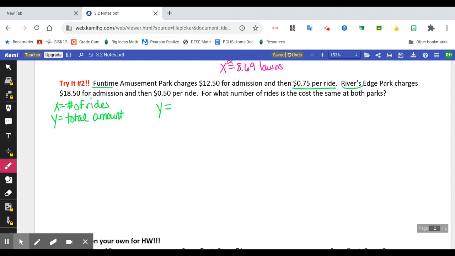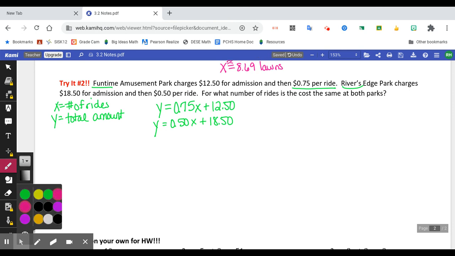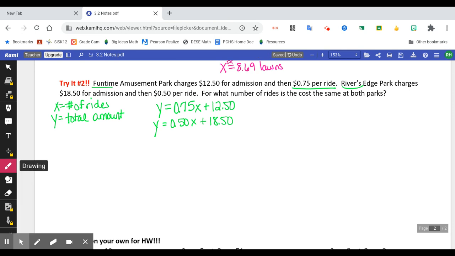So for Funtime, y equals, our slope would be 75 cents per ride. That's the thing that's happening over and over again, plus $12.50 for admission. Then for River's Edge, your slope would be 50 cents per ride, plus $18.50 for admission. Okay, so let's solve these by using our substitution.